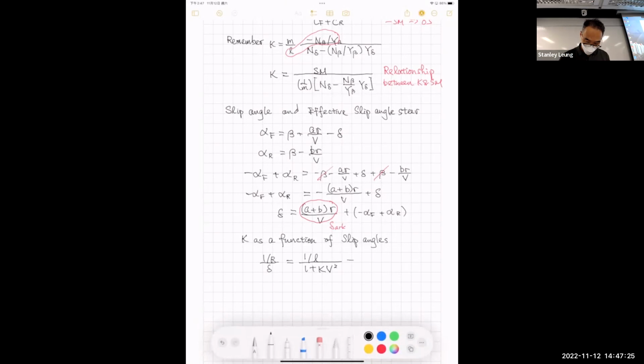If you eliminate delta, this equals L over R times 1 plus K V squared.